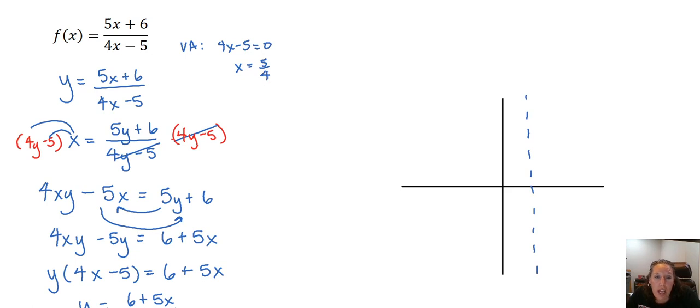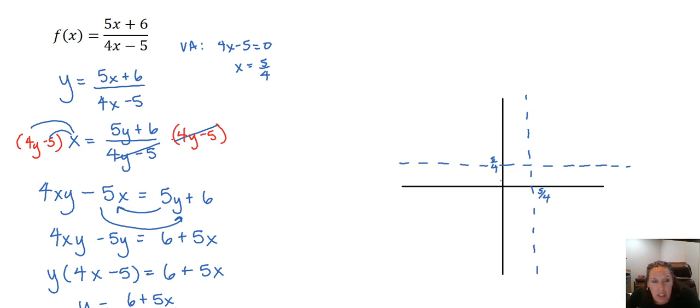We'll get our horizontal asymptote. Since the degrees are the same, our horizontal asymptote is also going to be 5 over 4. This is going to have a y-intercept. When x is equal to 0, our y-intercept is going to be 6 over negative 5.